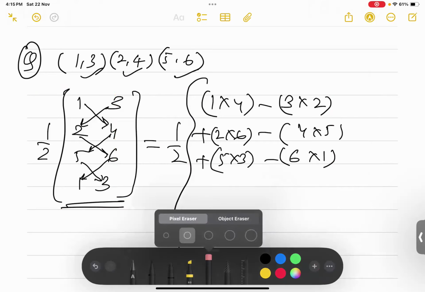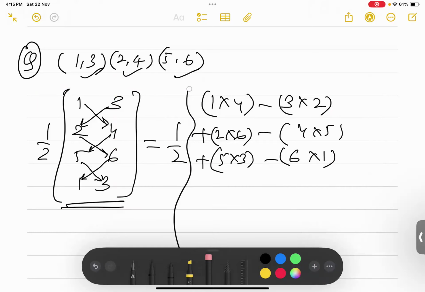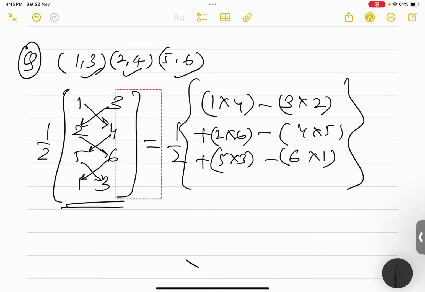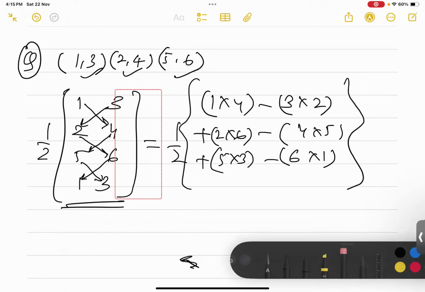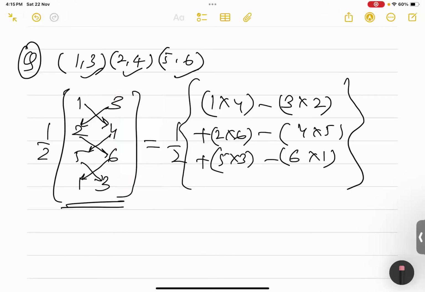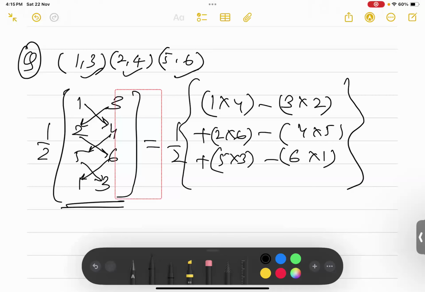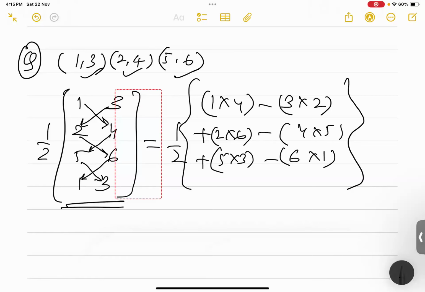This is how you solve. And there should be half into. Okay.